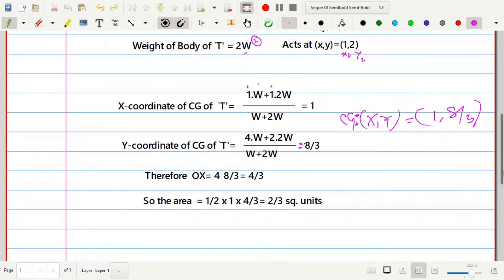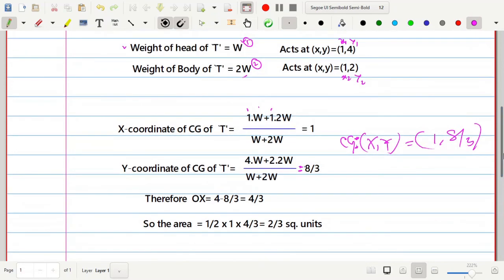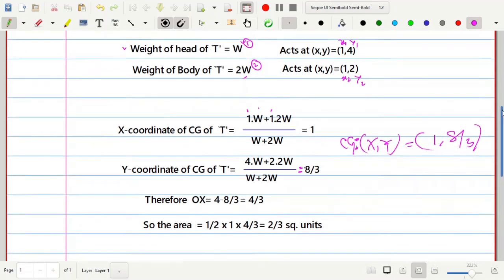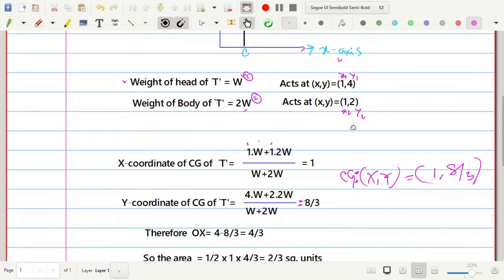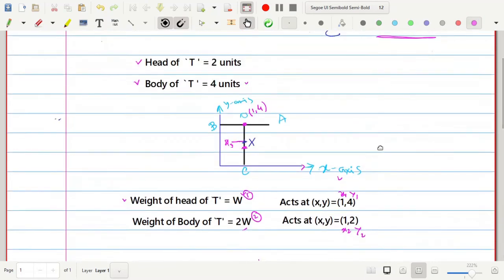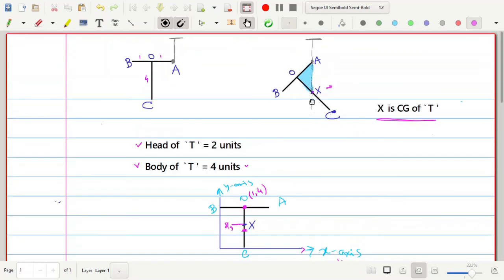So we know what OX is: 4 minus 8 by 3, which is just 4 by 3.